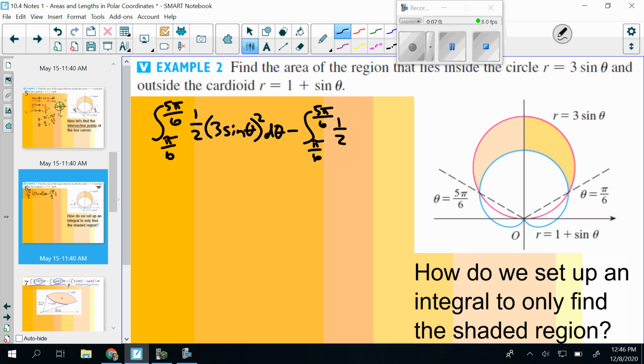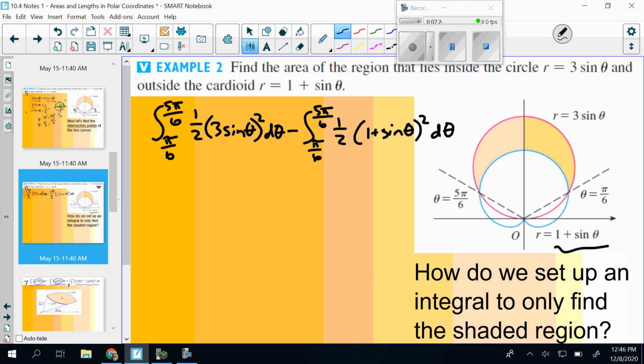This time our radius for the cardioid, the inside one here, is 1 plus sine theta, so 1 plus sine theta squared d theta. If we evaluate this now, it should give us that area in between.